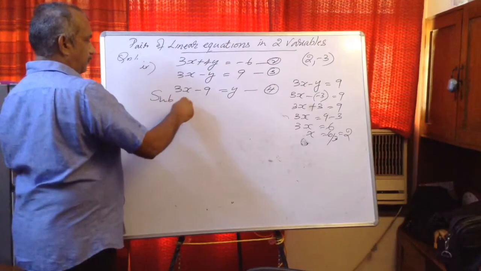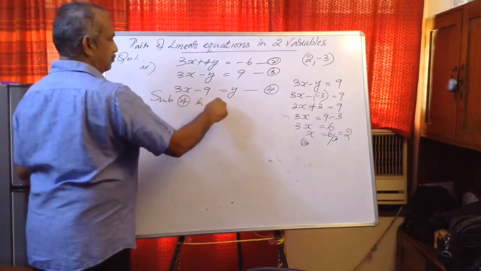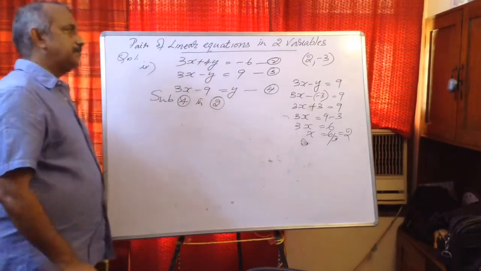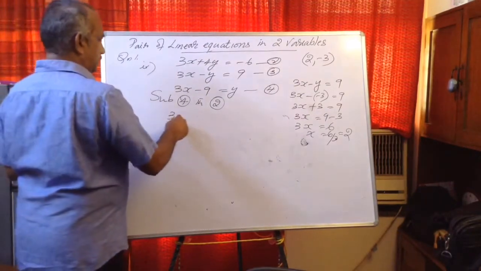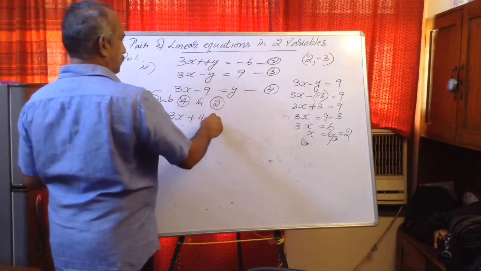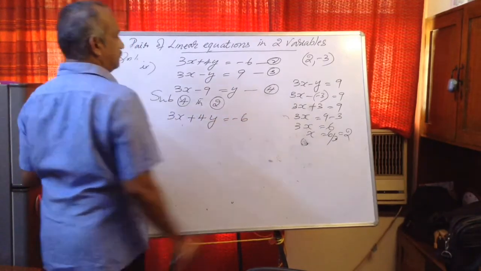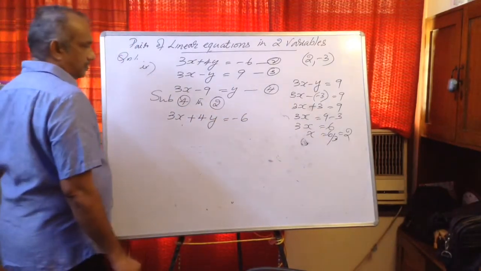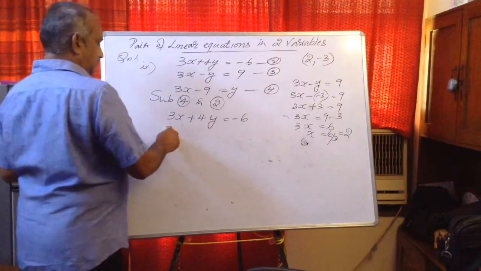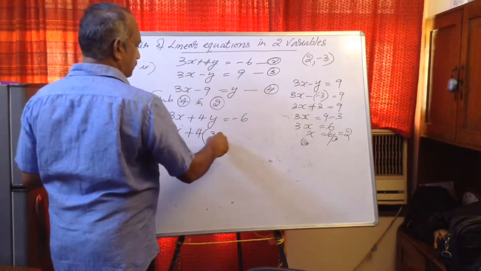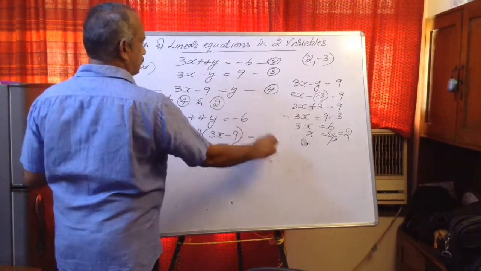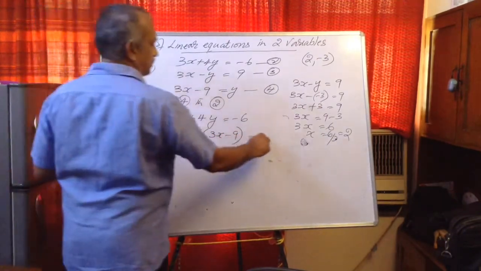Substitute 4 in 2. You have to rewrite one of the equations and substitute in the other. So 3x plus 4y is equal to minus 6. Now what is the value of y? 3x minus 9. So 3x plus 4 into, in the place of y, 3x minus 9 is equal to minus 6.